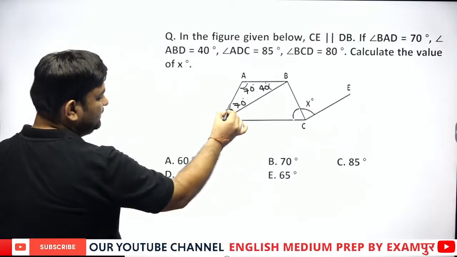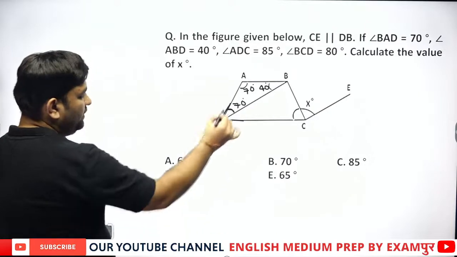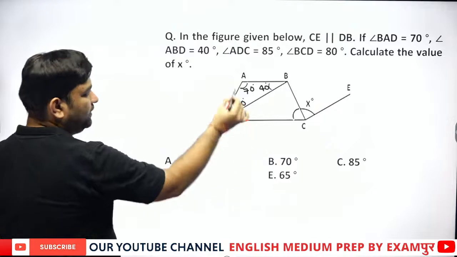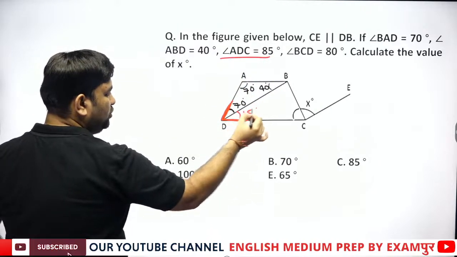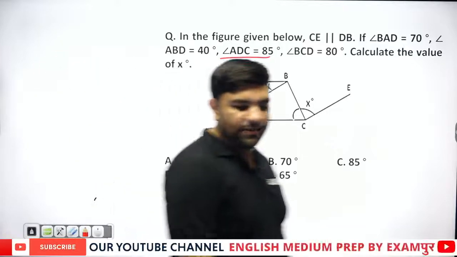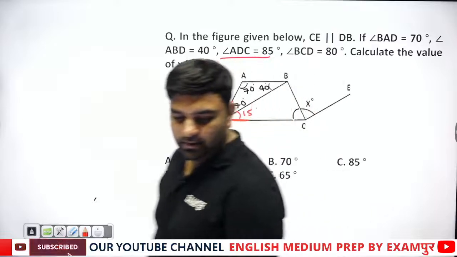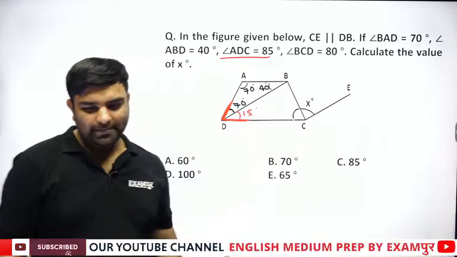Angle ADC, total, is given as 85. So this is 15 to make it 85. Okay.